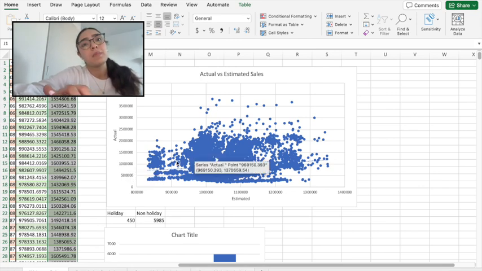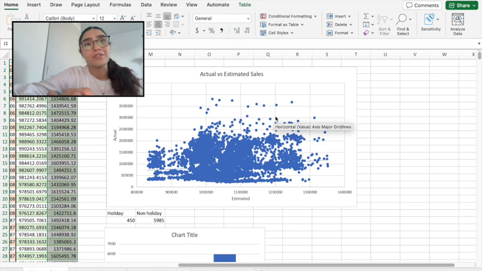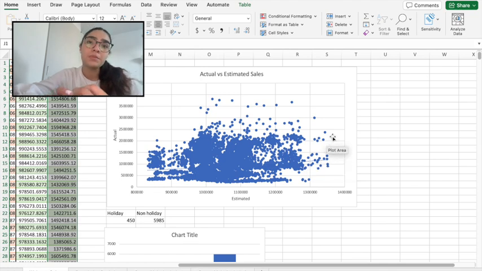We can see many points that are scattered really far away from the diagonal line, which confirms that our model is not the best fit in the prediction versus real sales. So that was our conclusion.